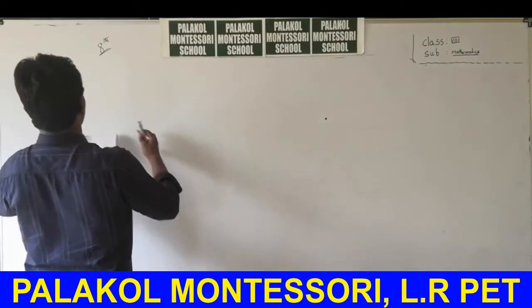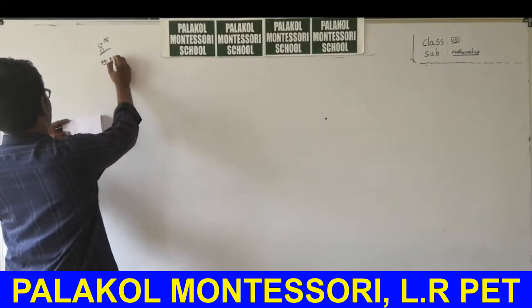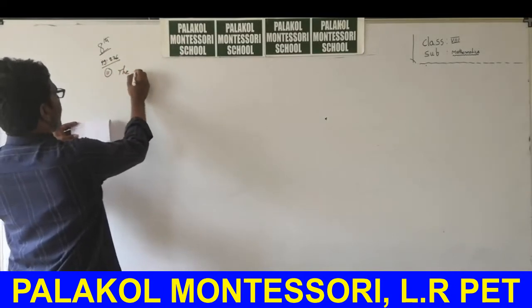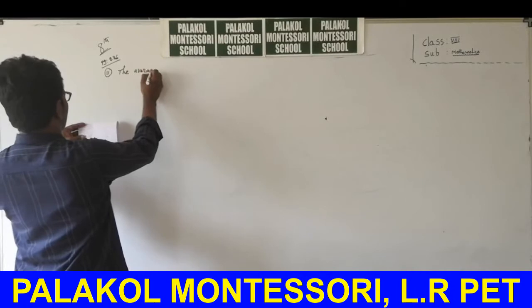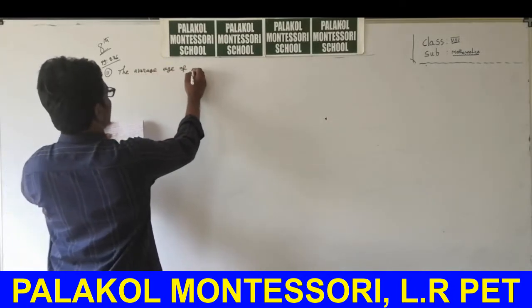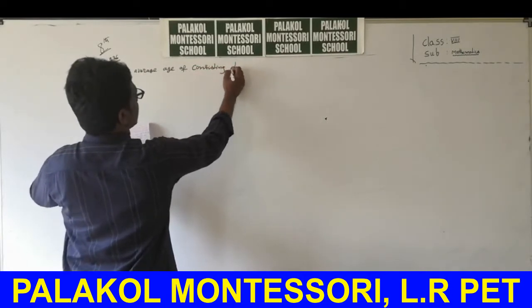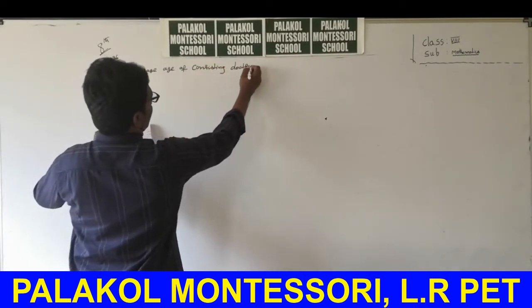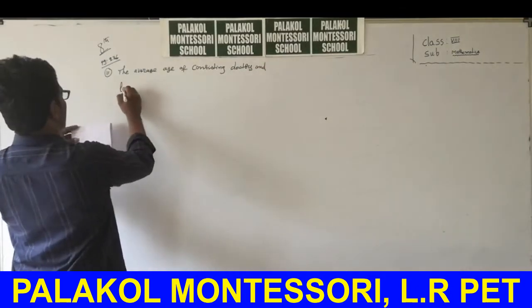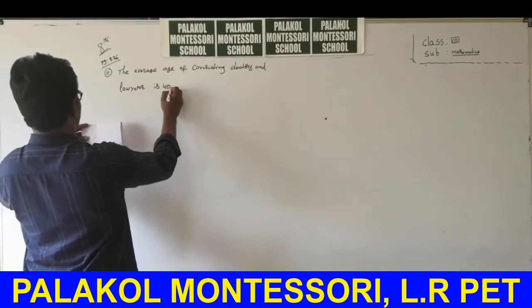Very important sum. Page number 236, 11th question. The average age of a group consisting of doctors and lawyers is 40.